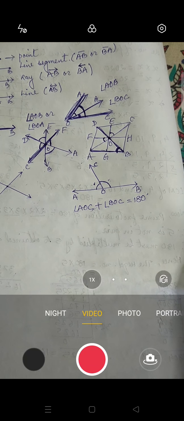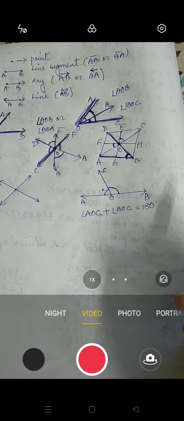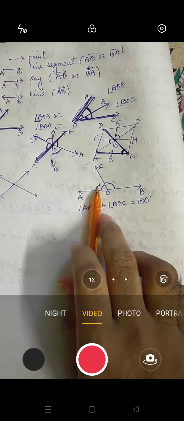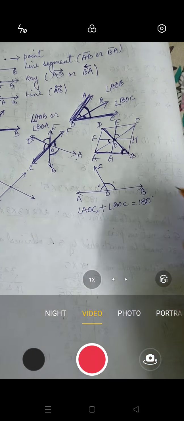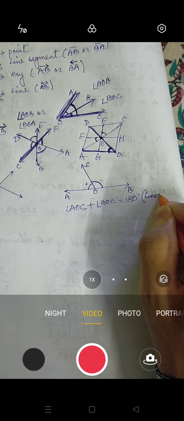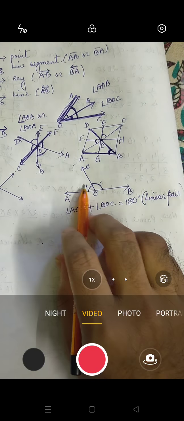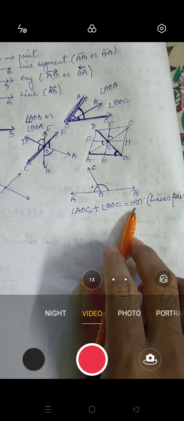You have to know the reason. If you are writing geometry and don't write the reason, remember that you will lose your marks. You have to write the reason here in the bracket, that is linear pair.